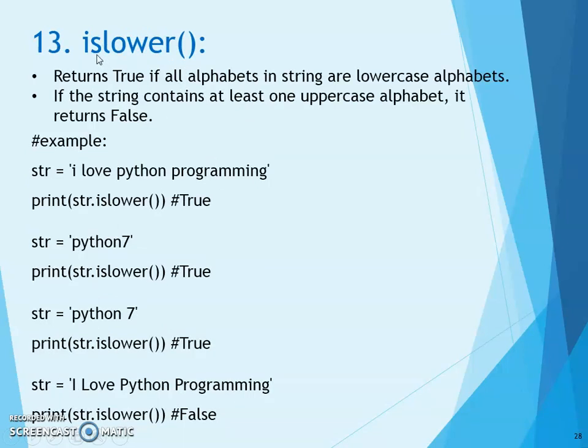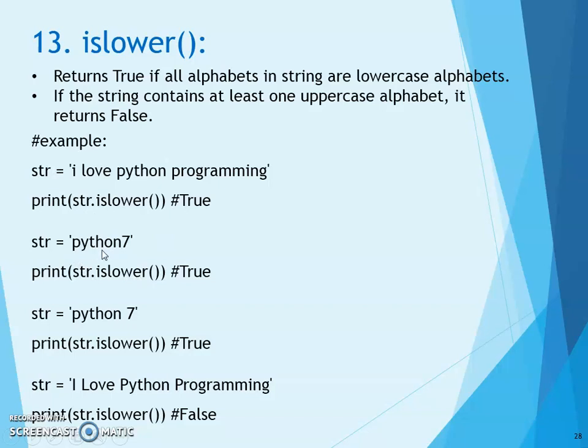The next method is islower. It will check whether all the alphabets in a given string are lowercase. If all the characters are lowercase, then it will return true. Otherwise, if it finds at least one uppercase alphabet, it will return false. In this example, all the characters are in lowercase, so invoking islower will return true.